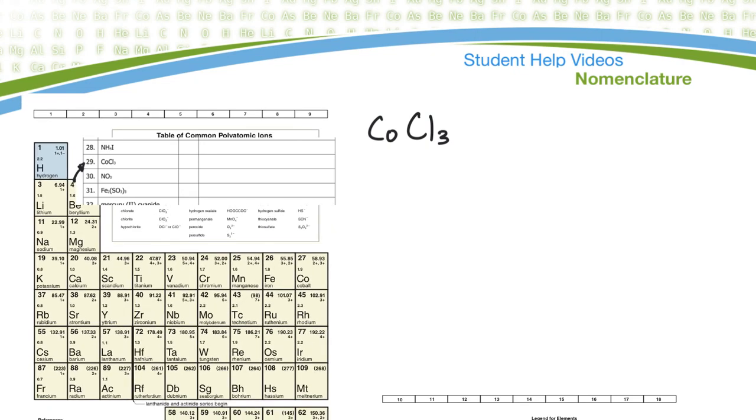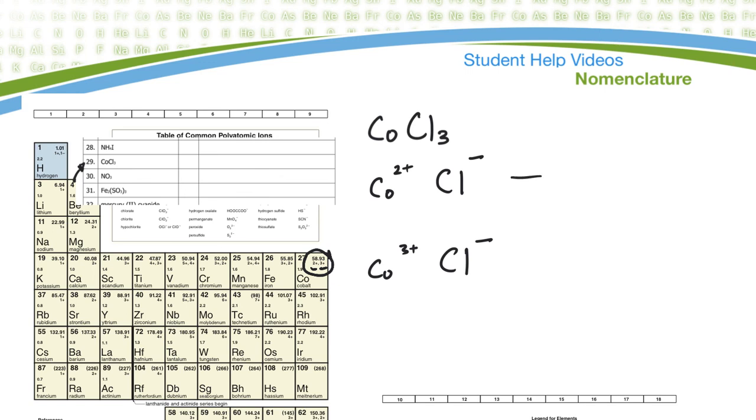So cobalt is here. Cobalt can play as a 2 plus or a 3 plus. So it can be a 2 plus, or cobalt can be a 3 plus. And then chlorine is a 1 minus. That's from right down below there.